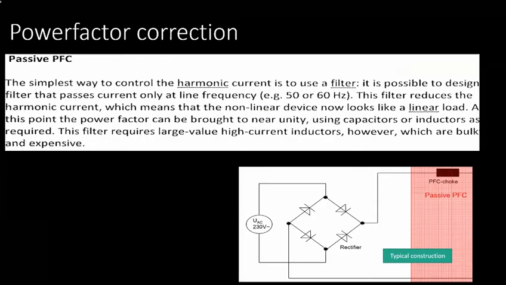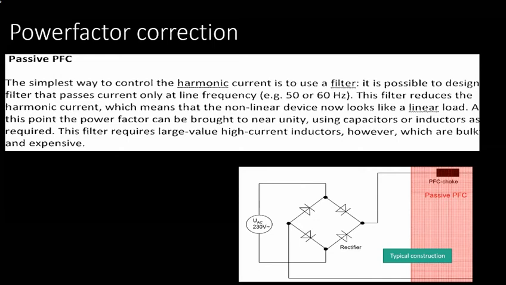Passive PFC is basically the simplest way to control harmonic current by using a filter. It is a very simple filter. It can be a big inductor or a choke, or it can be a choke with a capacitor. What it does is filter the higher order harmonics and only allow current at 50 or 60 hertz to flow through, which makes the non-linear load behave and look like a linear load.